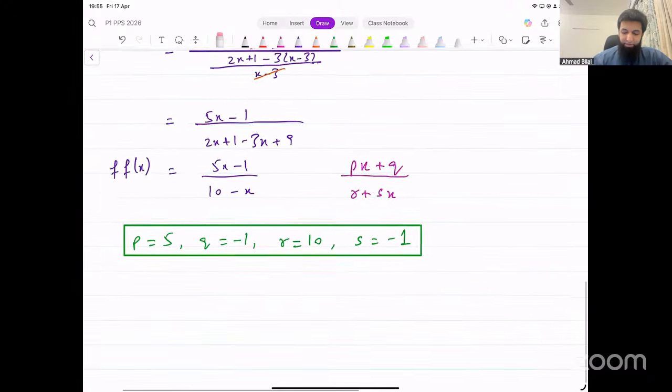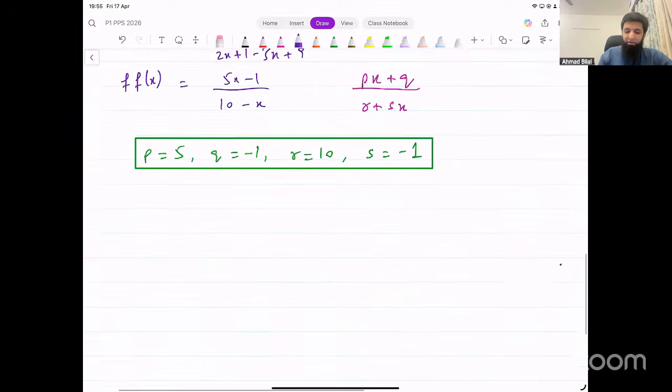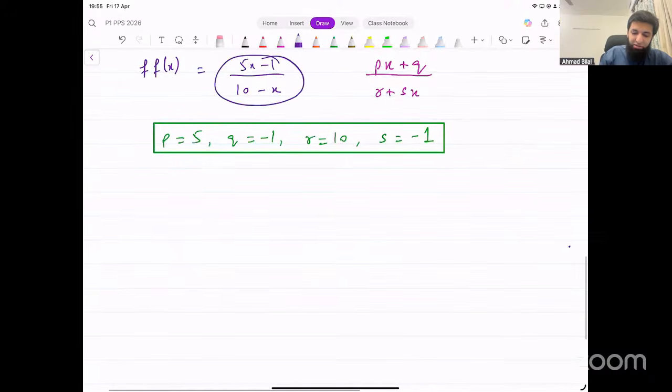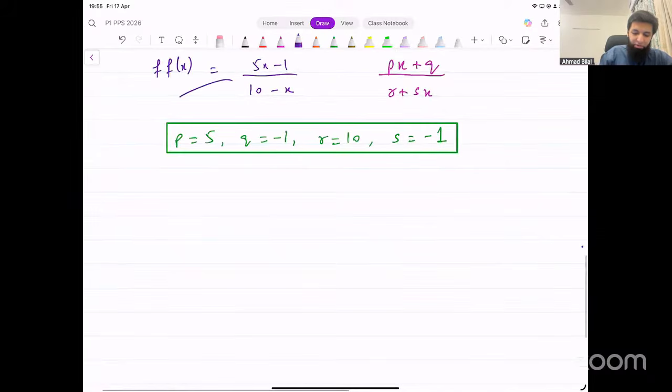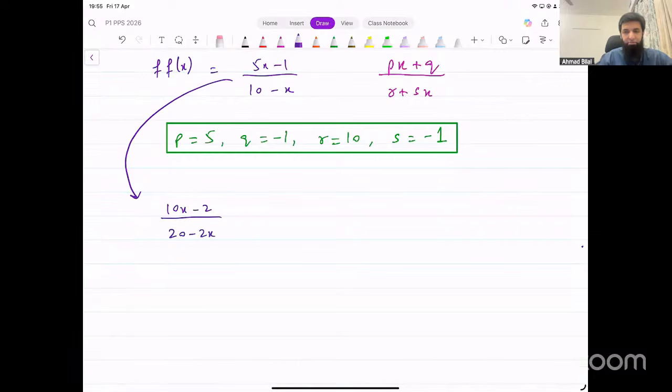The reason is it's a fraction, right? So this fraction is equivalent to, for example, 10x minus 2 over 20 minus 2x, if I multiply the numerator and denominator by 2. These two fractions are equivalent, right?